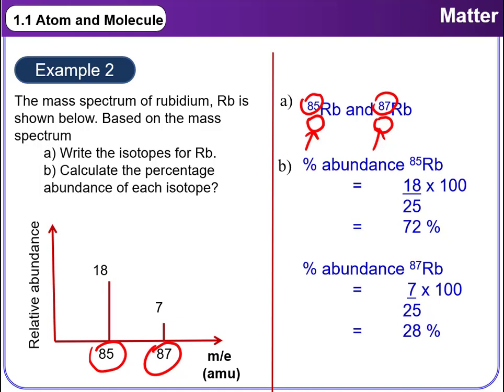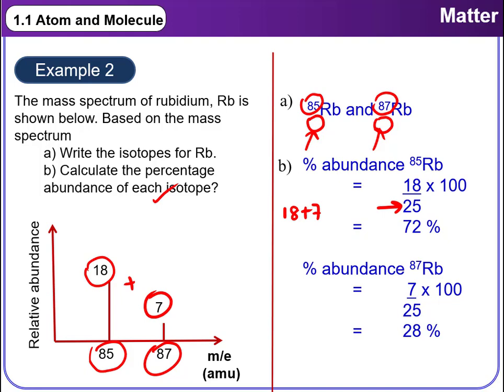Okay, how to calculate the percent abundance of each isotope? The relative abundance is 18, divided by the total, 18 plus 7. The total is 25.